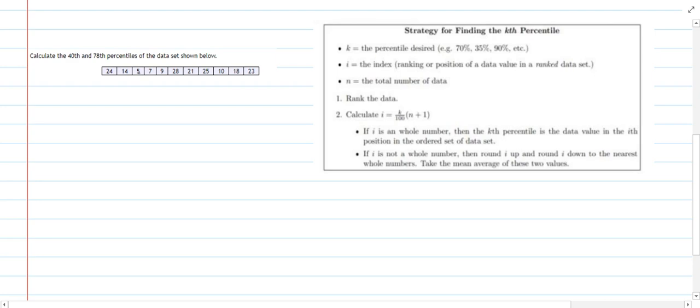So I have, let's see, it looks like 5 is my smallest number, then 7, then 9, then 10. Let's see here. Looks like 14 comes next. Then I have 18.